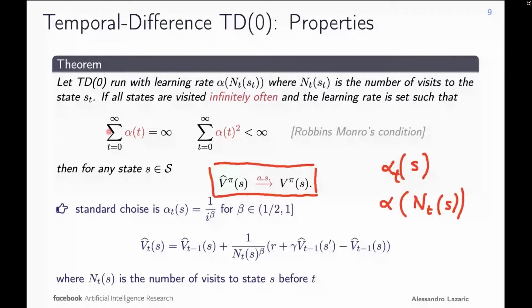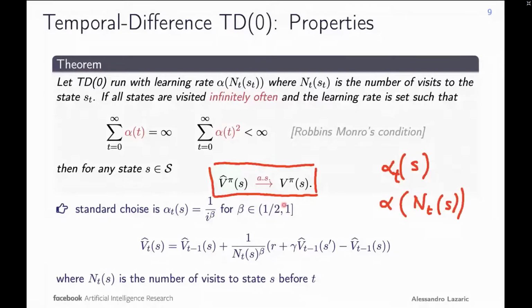But it also does not decrease too slowly, because the squared series is actually convergent. You might have seen these conditions before in other fields. Sometimes they are called Robbins-Monro conditions. And again, they give quite a broad set of learning rates that still would justify the final almost sure convergence, which is reported here.